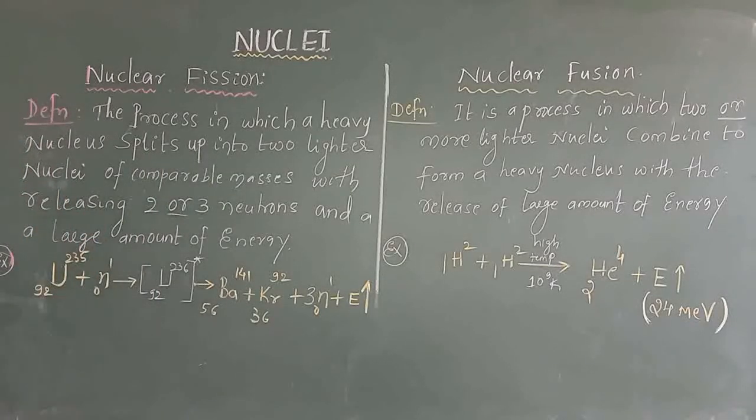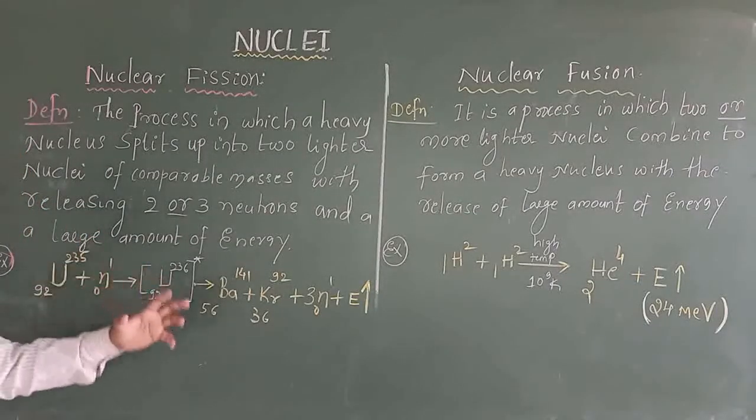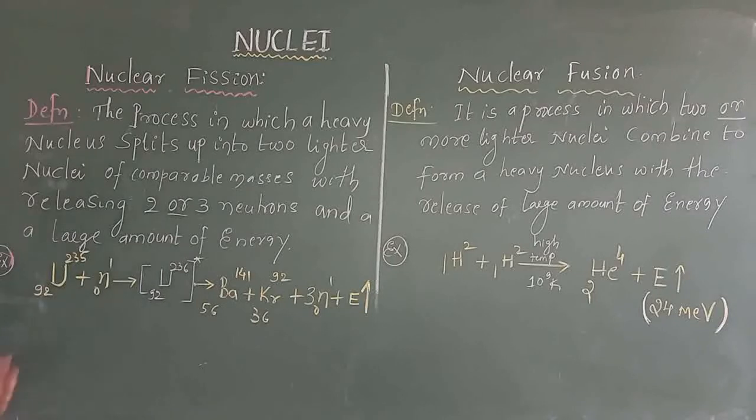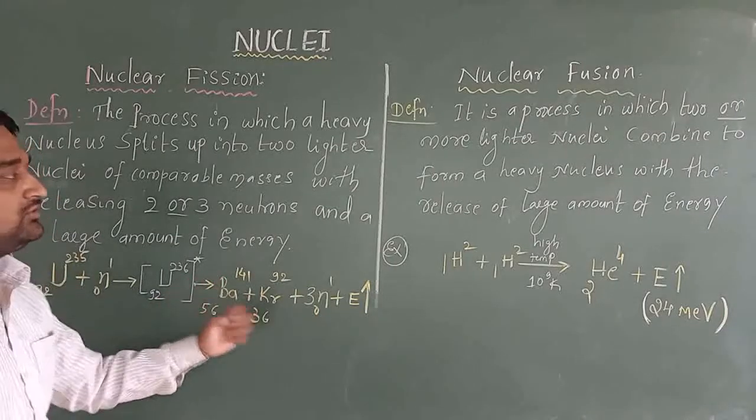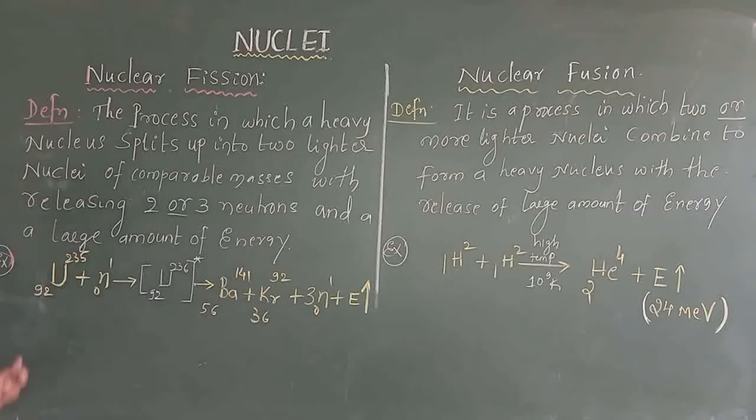So what is nuclear fission? The process in which a heavy nucleus splits up into two lighter nuclei of comparable masses with the release of 2 or 3 neutrons and a large amount of energy.